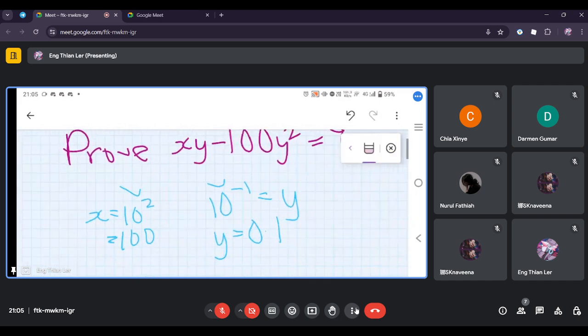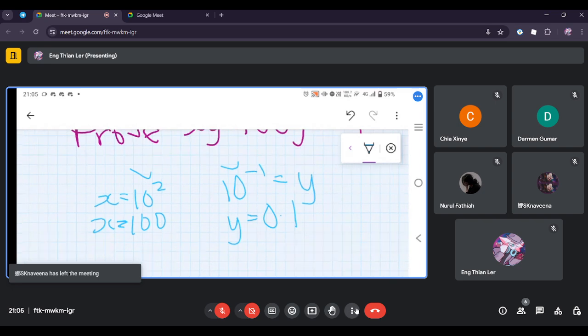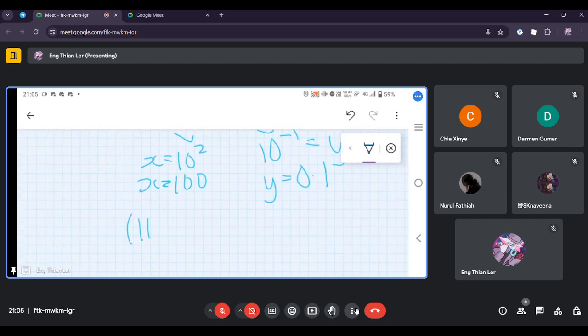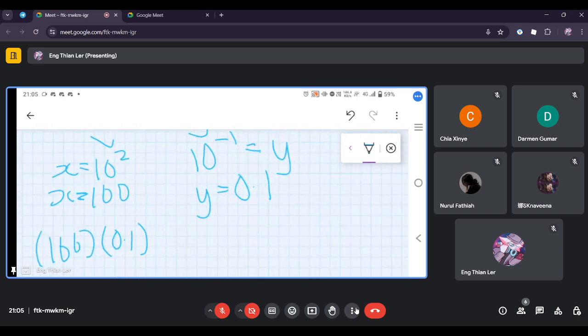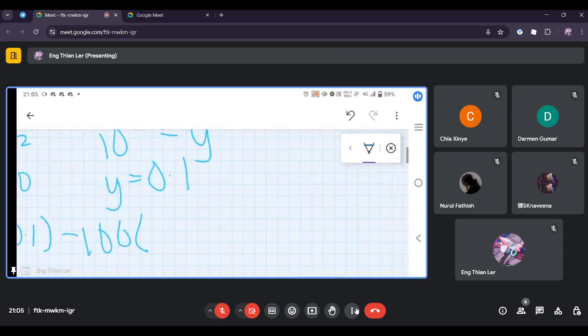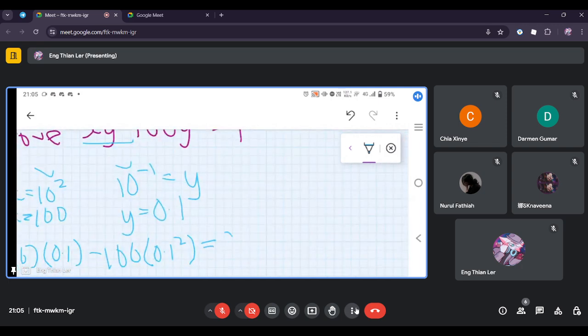Okay, so now we have both numbers already. We just need to substitute everything in. So very simple. x is 100, y is 0.1. 100 y minus 100 y squared, 0.1 squared, equals 9.